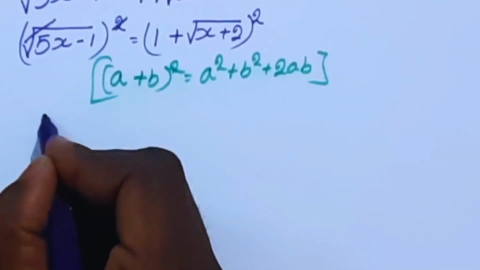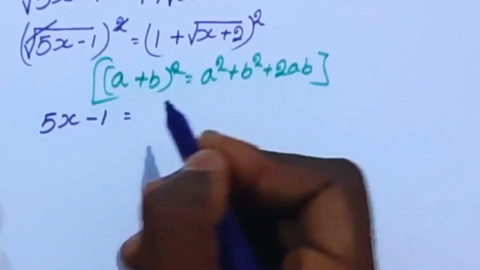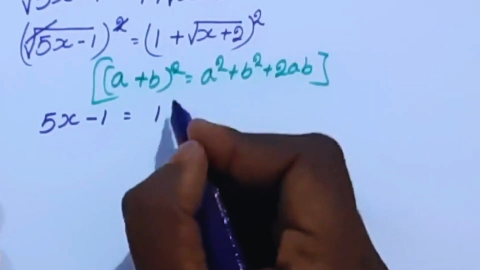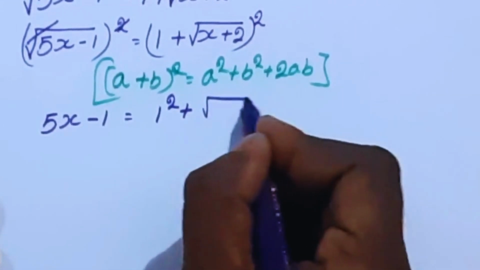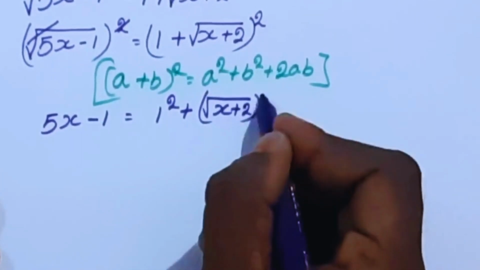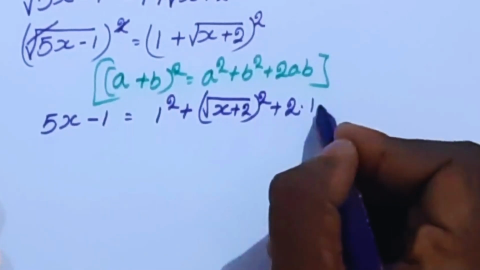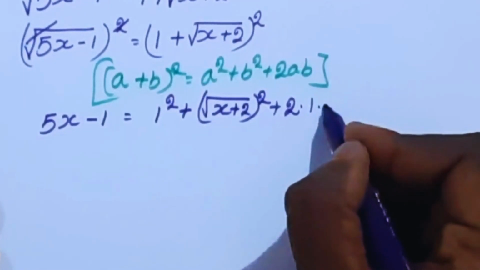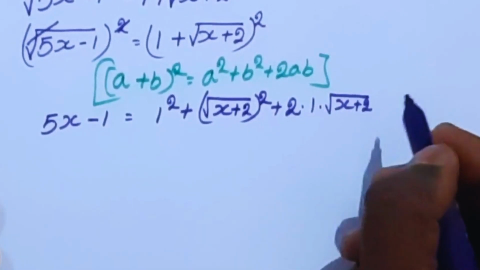Now 5x minus 1 equal to 1 square plus square root of x plus 2 whole square plus 2 times 1 times b value, which is square root of x plus 2.